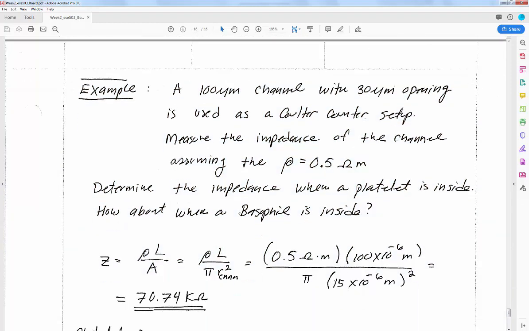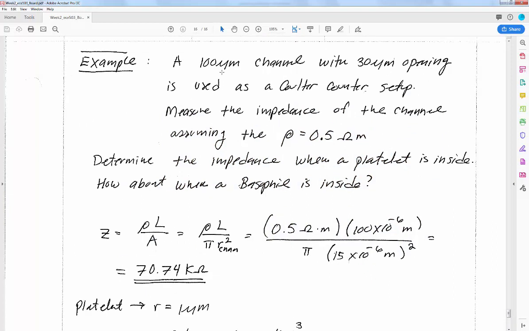Alright, so let's assume in this case that we have a 100 micrometer long channel with a 30 micrometer opening, and we're using this as a Coulter counter setup. First, measure the impedance of the channel, assuming that rho is 0.5 ohm meters.